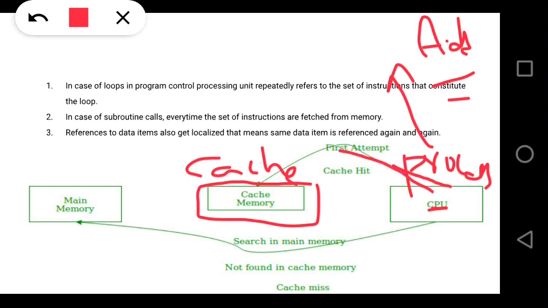First it can access the cache memory to see whether this particular address is present in the cache, so that it need not go to main memory. It is available in the cache itself. And the advantage of having this instruction in the cache memory is that it can be accessed very fast, because it is very fast compared to main memory.